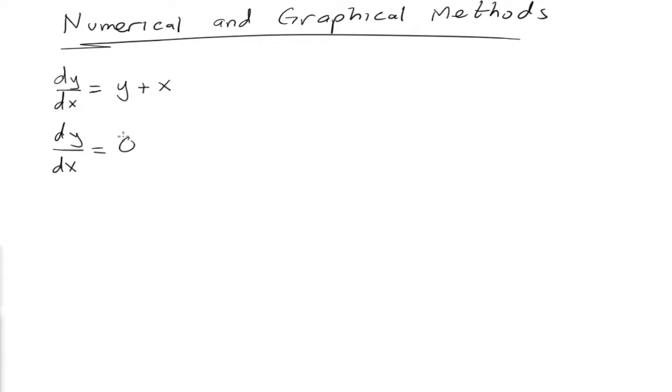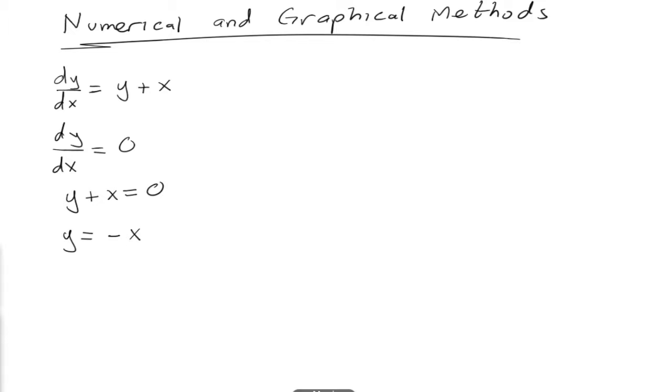Then you go, okay, well, they're equal to 0 when y plus x equals 0, or in other words, when y is equal to negative x. So what is y equals negative x? That's a line, going down.